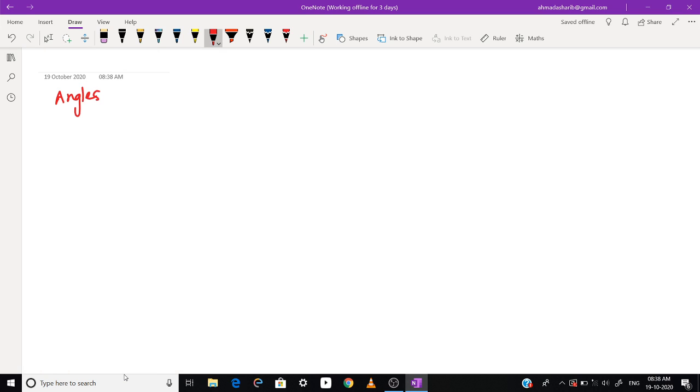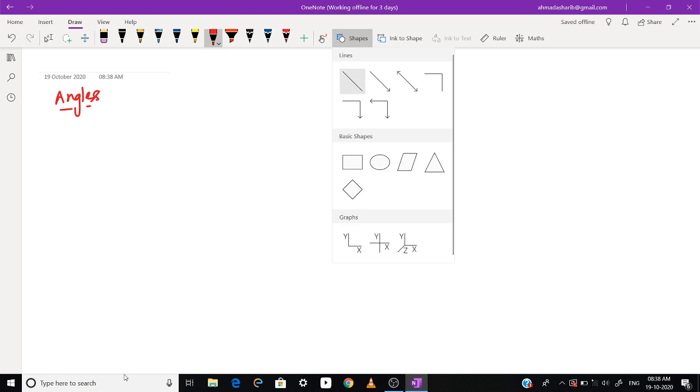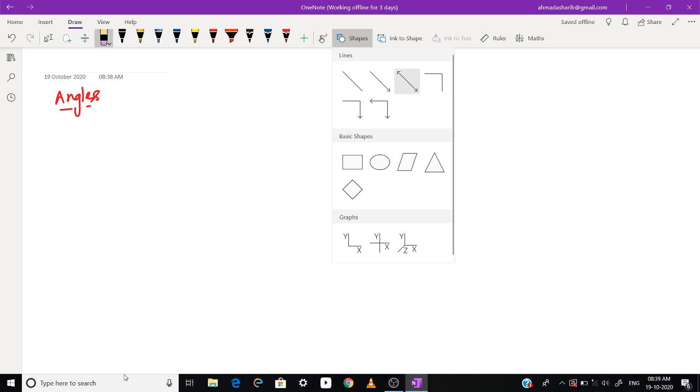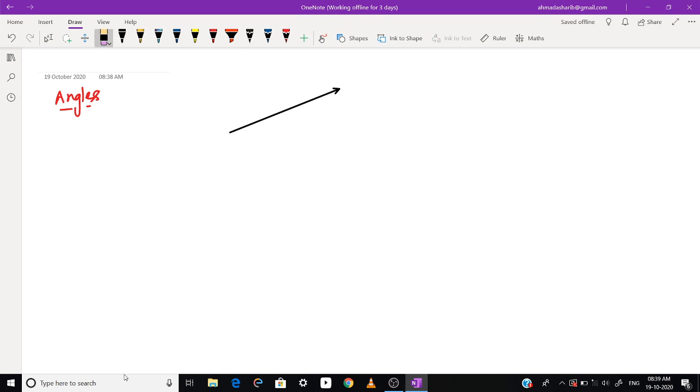So what are angles? When two rays have a common endpoint. Suppose this is the first ray. Sorry, this is not a ray, this was a line segment. This is the ray, and this is another ray.